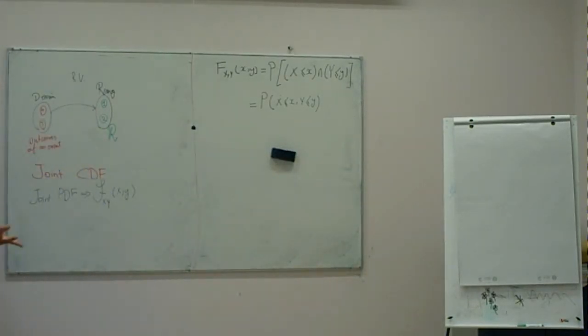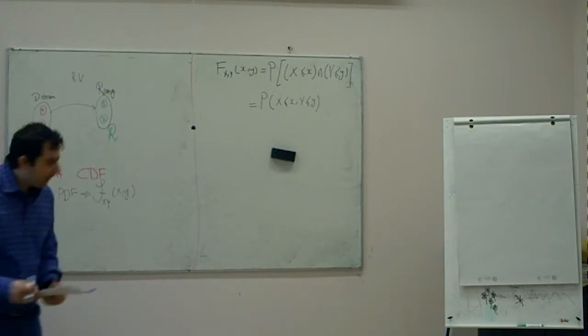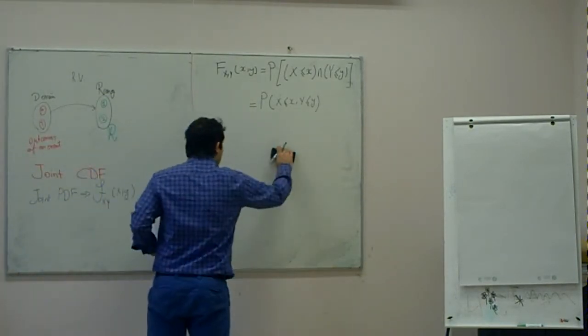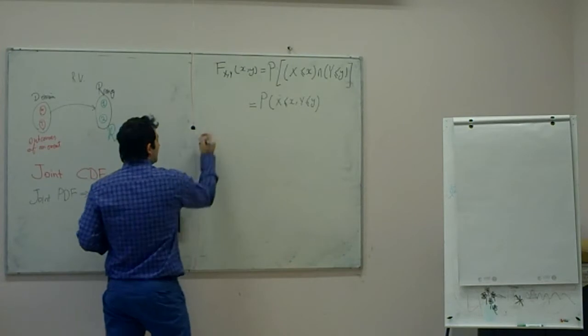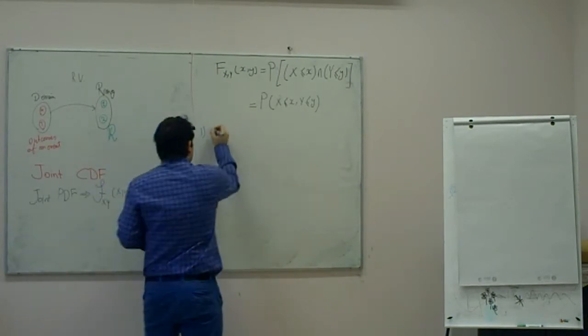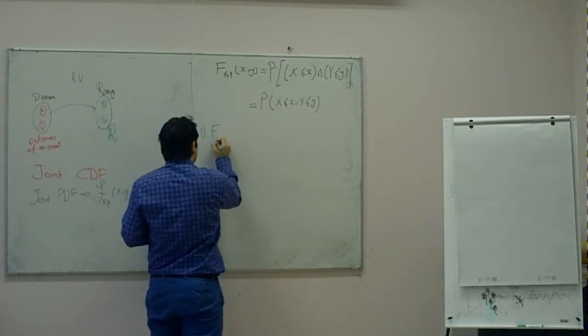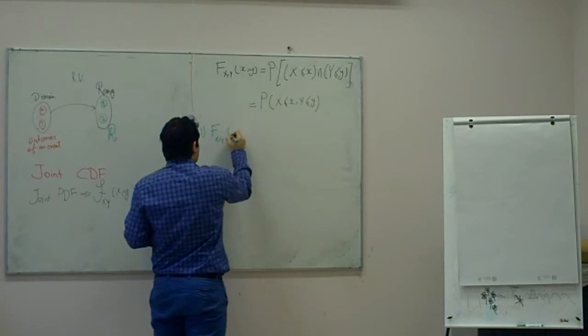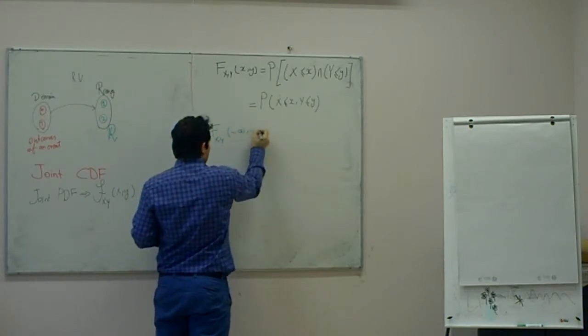Now, there are 6 properties that this joint cumulative distribution function has. Let's talk about these properties. Let me write them down and ask you questions, and then we answer each of these specific values.